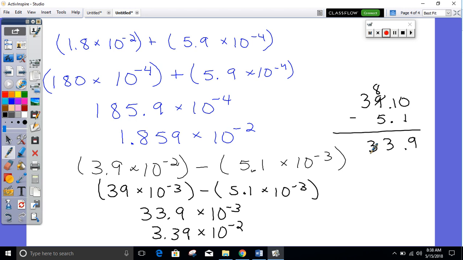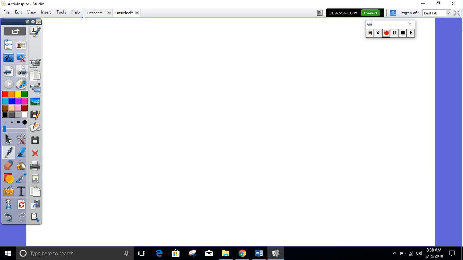All right, we're going to look at just a couple additional examples. We're almost done here. The next example is one where one of the numbers is in scientific notation and the other number is not. So we have 4.9 times 10 to the negative fifth plus 0.0005.